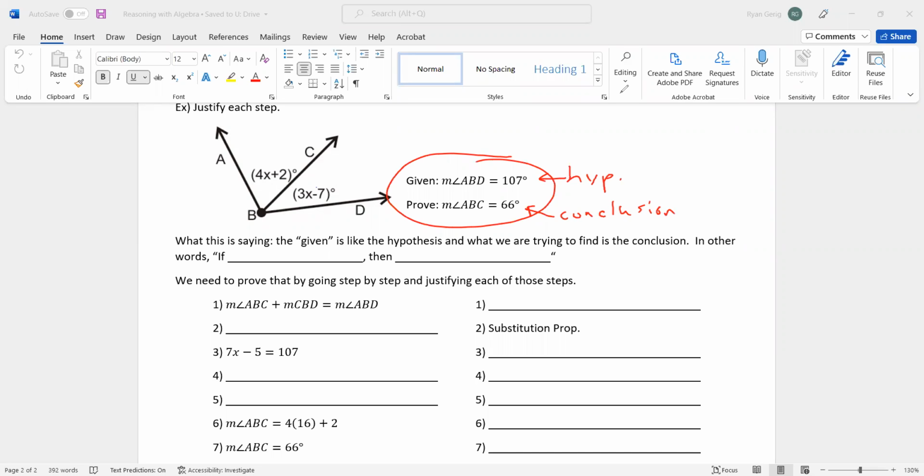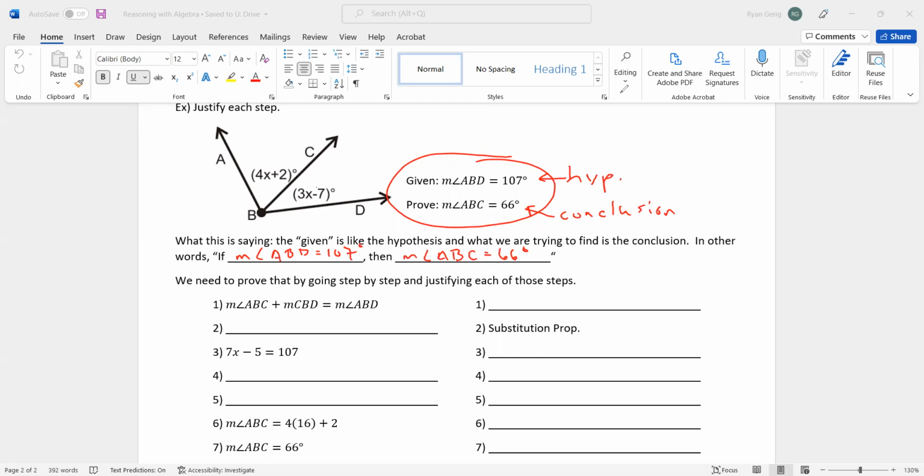In other words, I'm going to replace the hypothesis with what we're doing here. If the measure of angle ABD equals 107, then the measure of angle ABC equals 66. We're going to try and prove that.